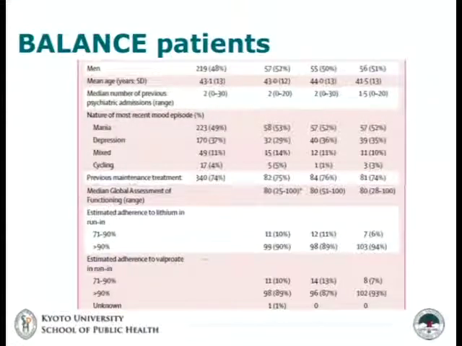Your patient is Japanese and is 23 years old, whereas the study patients are mostly Caucasians with the average age of 43. Your patient's most recent episode was a manic one, and he has been hospitalized once. The global assessment of functioning also appears comparable at baseline.